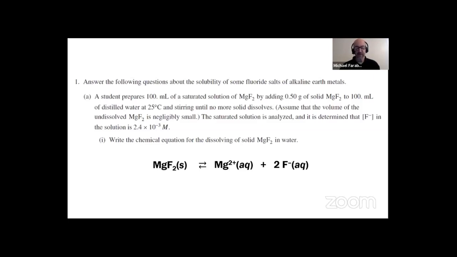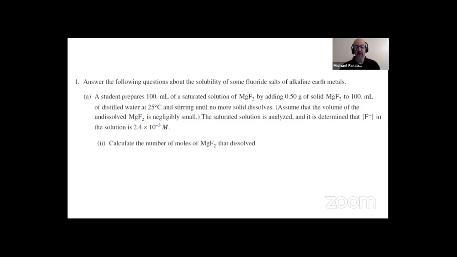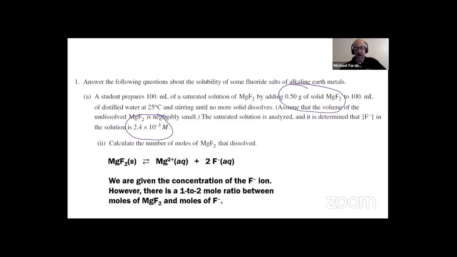The next part of this question asks us to calculate the number of moles of magnesium fluoride that dissolves. So we are not going to take the 0.50 grams of solid magnesium fluoride and convert that to moles. We have to assume that not all of that solid actually dissolves. Now we are given a number, and that number is the molarity, so the concentration in terms of moles per liter of the fluoride ion.